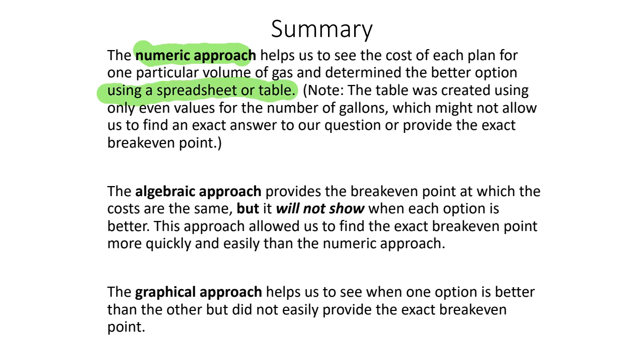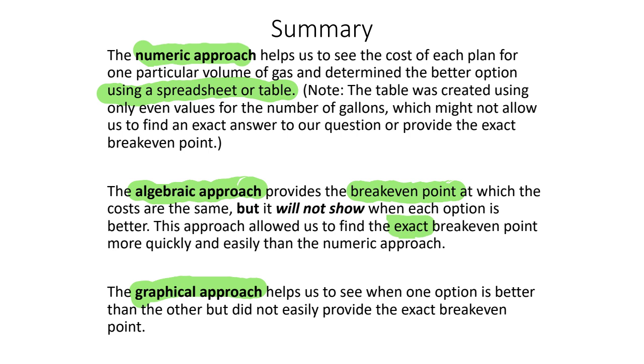The algebraic approach provides the break-even point, the exact break-even point. You can't get it by running the numbers. You've got to do the algebra. And then the graphic approach helps us analyze each option based upon the break-even point.